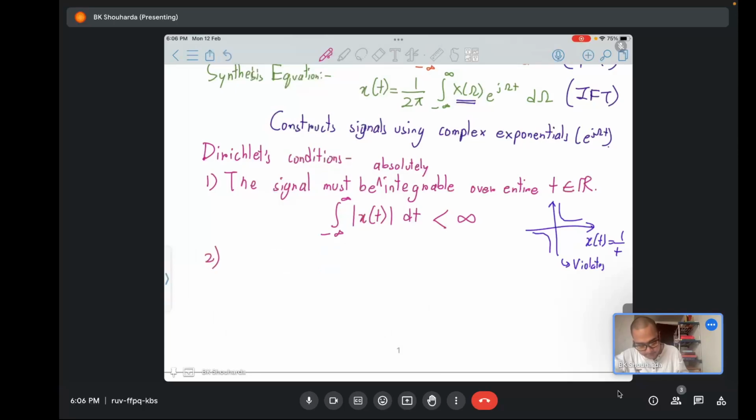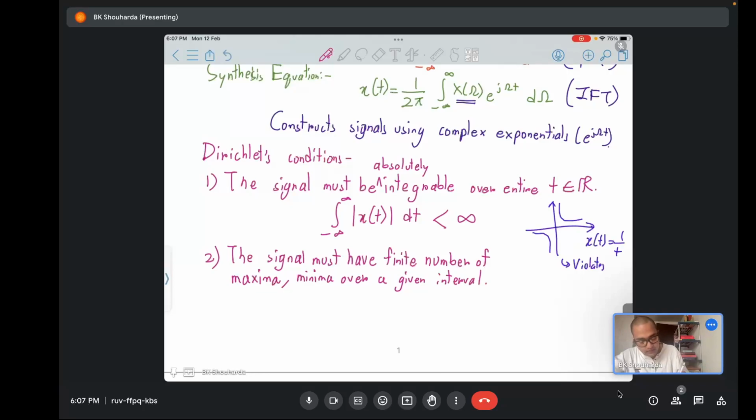Okay, then what do we have? The signal must have a finite number of maxima and minima over a given interval.